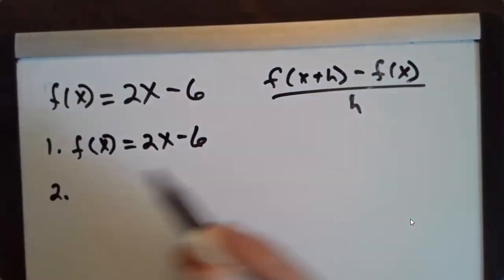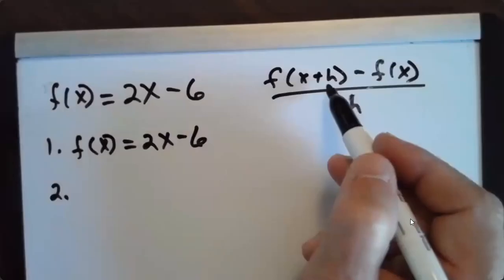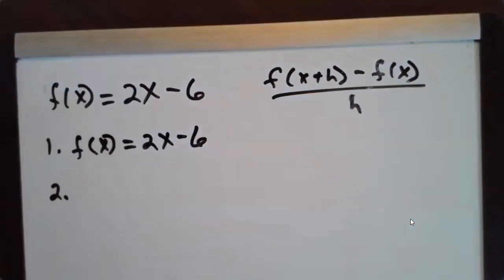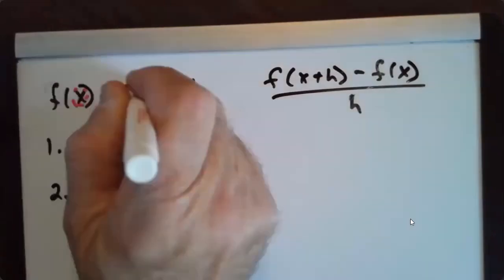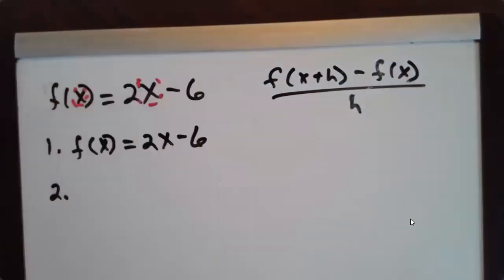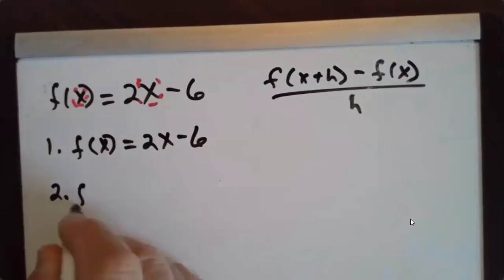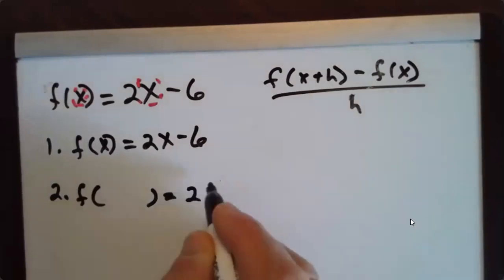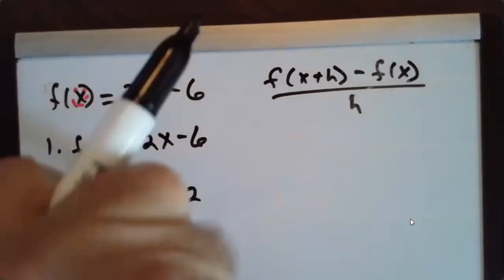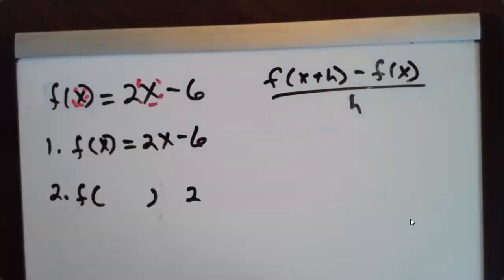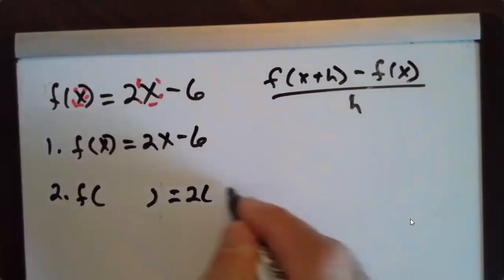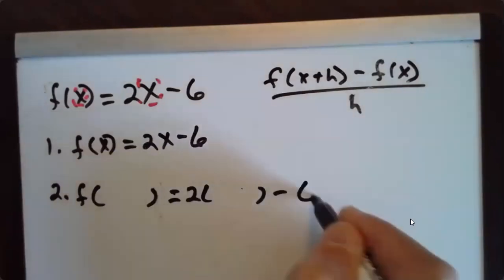Okay, step 2, we want to find what f of x plus h is. So we take the original function, and it's like we're cutting out the x and putting parentheses. Give yourself a little room, equal sign, 2, and then where the x was, we put parentheses, minus 6.